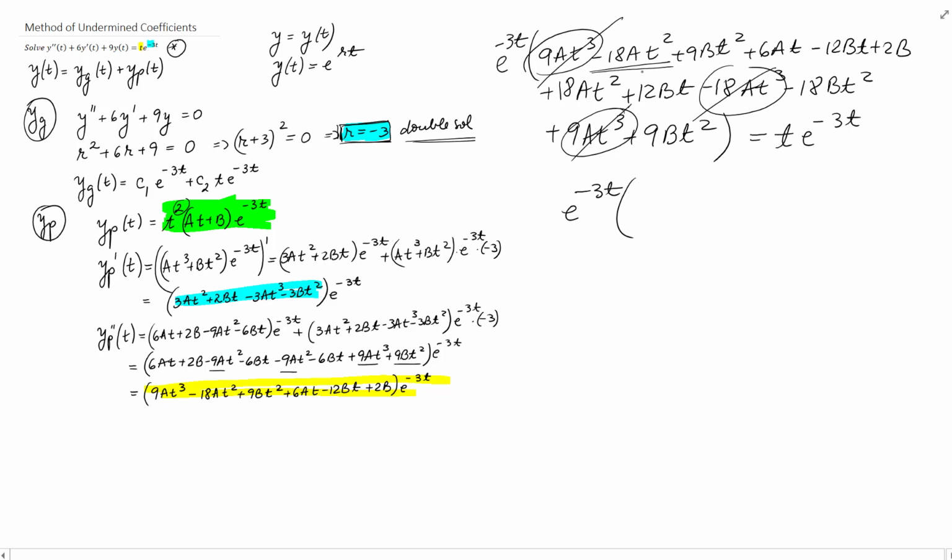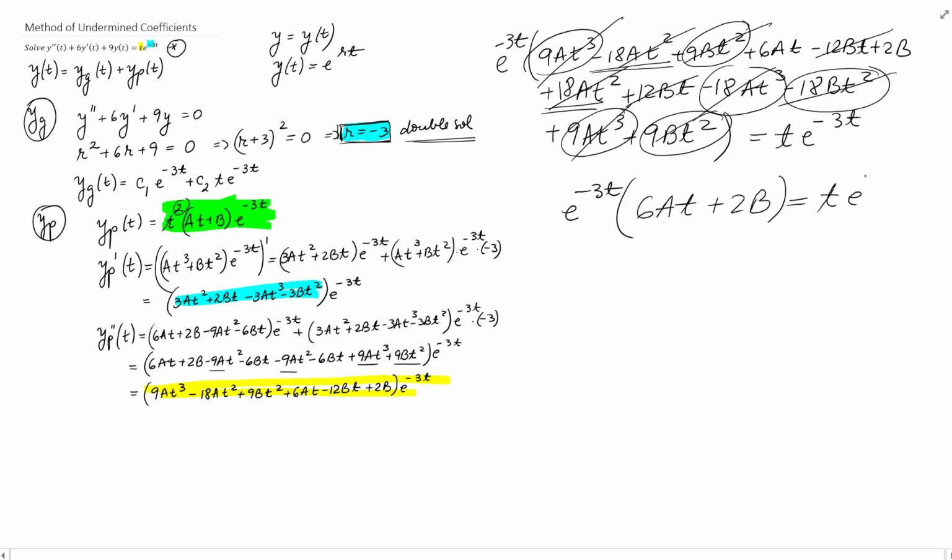Negative 18at squared plus 18at squared cancels. 9bt squared plus 9bt squared minus 18bt squared is 0. Negative 12bt plus 12bt is 0, and we end up with 6at plus 2b equals t e to negative 3t, or in other words, 6at plus 2b equals t.